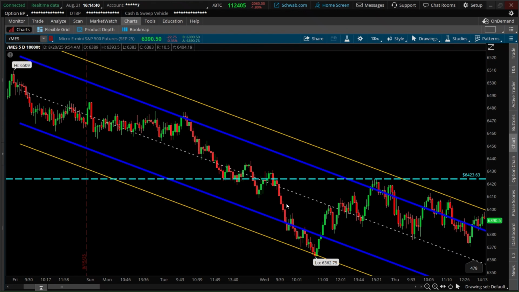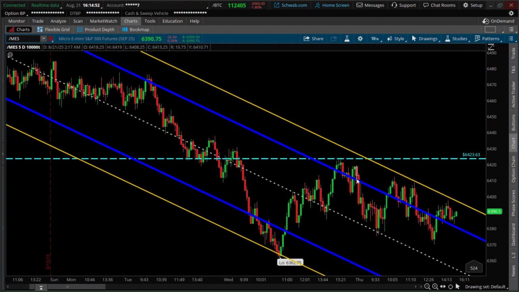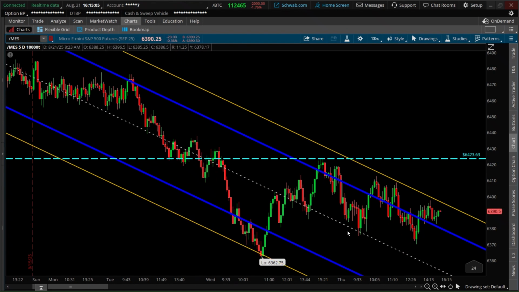So, for example, when price fell below the blue diagonal trend line, it found support coinciding with this low before bouncing back inside this channel. And when price got above this blue trend line, it found resistance here at the yellow trend line as well. So from my perspective, it appears these levels are valid.